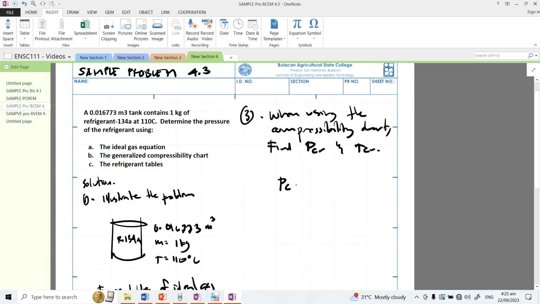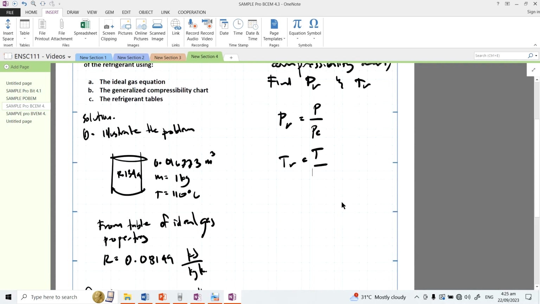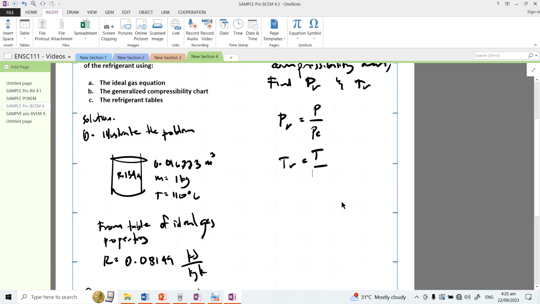So the reduced pressure: P reduced is equal to P over the critical pressure. The reduced temperature is equal to the temperature divided by the critical temperature.